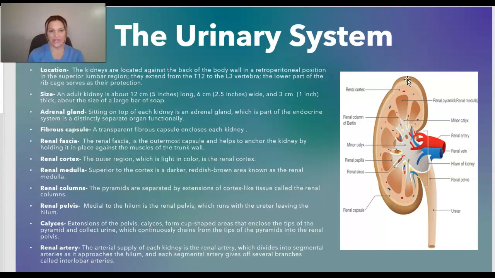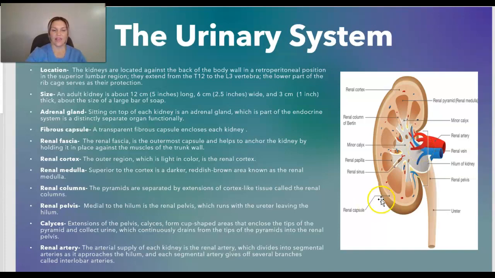Then you have the renal pelvis, which is medial to the hilum and runs with the ureter leaving the hilum. We have the calyces, and these extensions of the pelvis form a cup-shaped area that enclose the tips of the pyramids and collect urine.